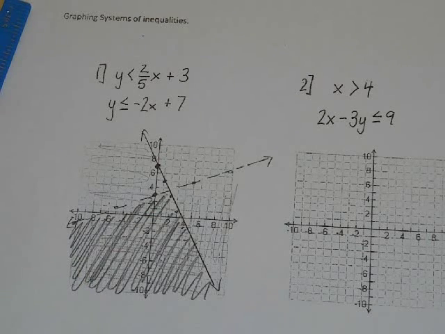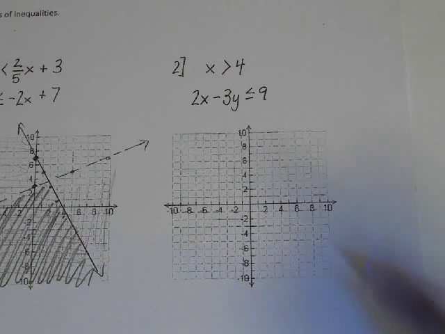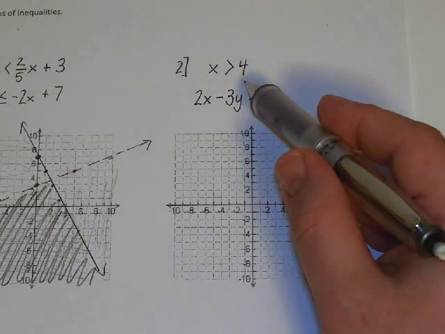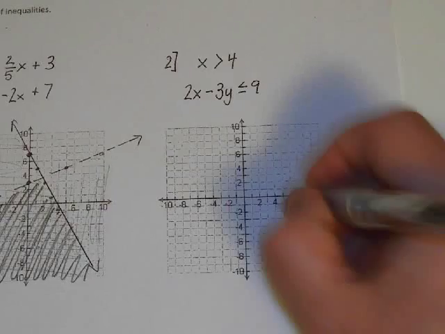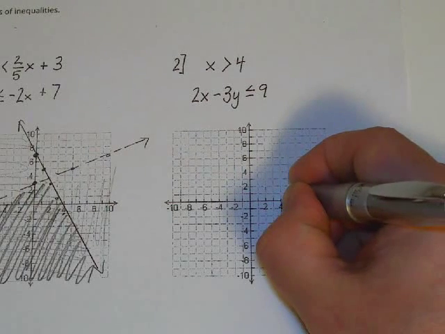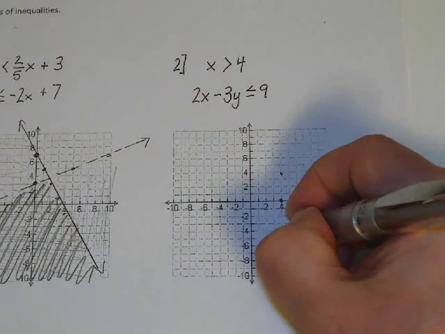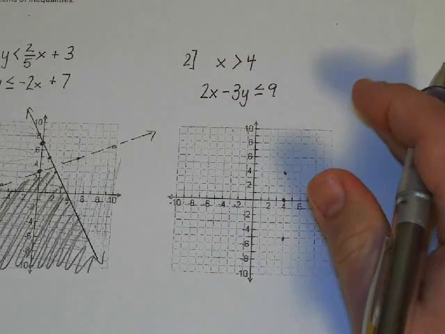Okay, for number 2, we have a vertical boundary line of x equals 4. So we're going to go ahead and draw a vertical line at x equals 4. You can put a point there, put a couple other points up and below it just to give yourself a guide. And since it can be equal to, we're going to go ahead and do a solid line with the points.